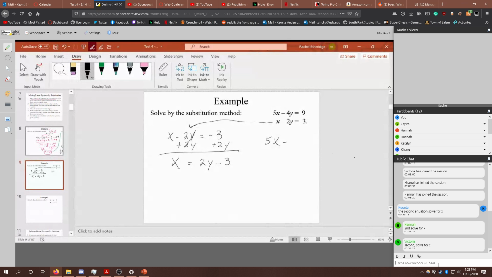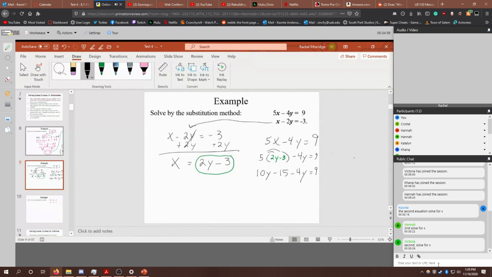So 5x minus 4y equals 9. And this time I'm going to substitute for x. So x is this, 2y minus 3. So I'm just going to substitute for x, 2y minus 3. Now I'm going to distribute here. 10y minus 15 minus 4y.